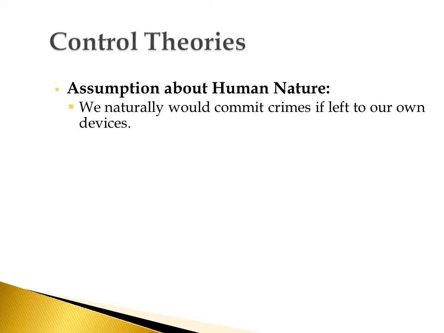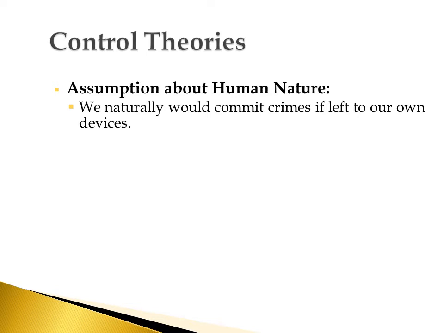The assumption basically being in control theory that humans, if left to our own devices, would naturally commit crime. If we weren't controlled by societal forces, family influences and pressures, any of the different informal or formal types of control we experience in our life, we naturally would commit crimes because crimes are the easiest way to get what we want.